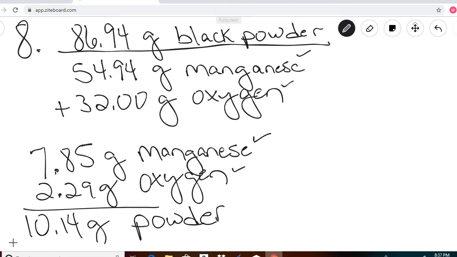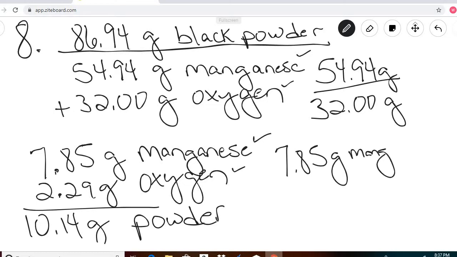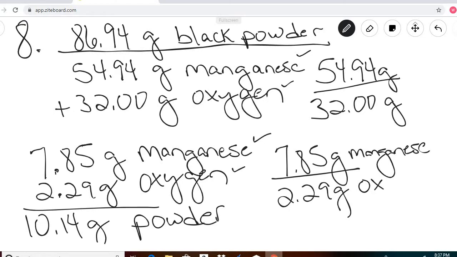This one will take 54.94 grams of manganese, and we use 32 grams of oxygen. Down here, we use 7.85 grams of manganese, and we used 2.29 grams of oxygen.